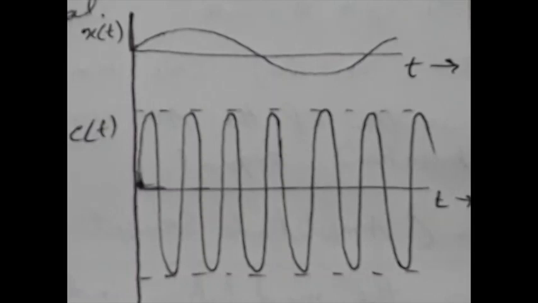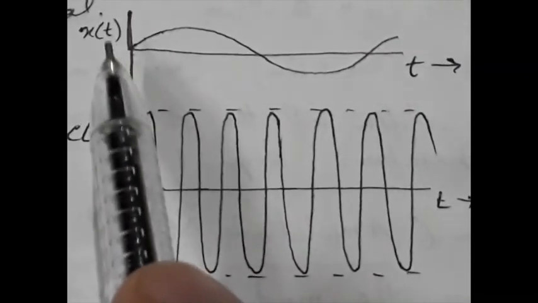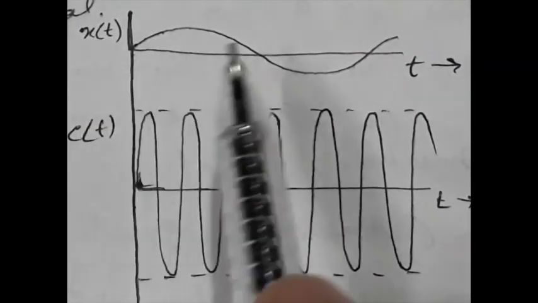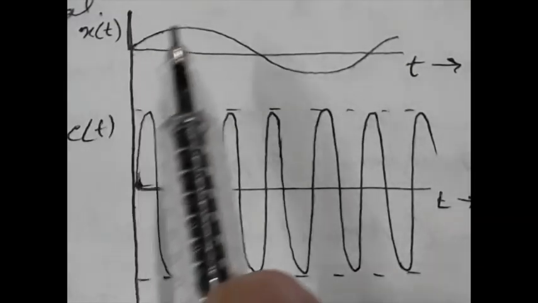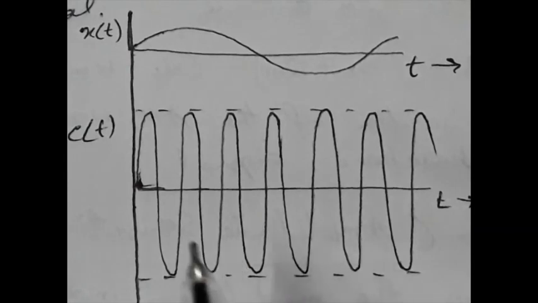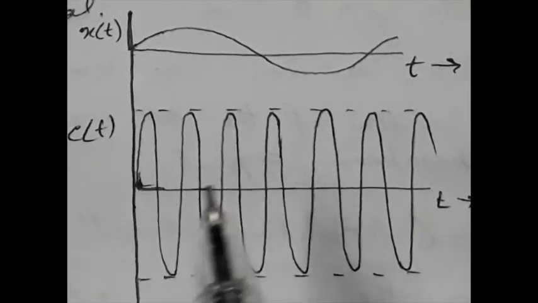Let us now try to understand this amplitude modulation process. Suppose we have an input signal written as x(t), and x(t) is like this. It is an arbitrary signal, not exactly a sine wave. c(t) is the carrier.